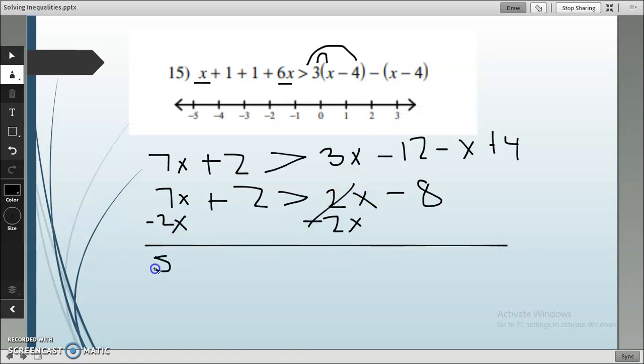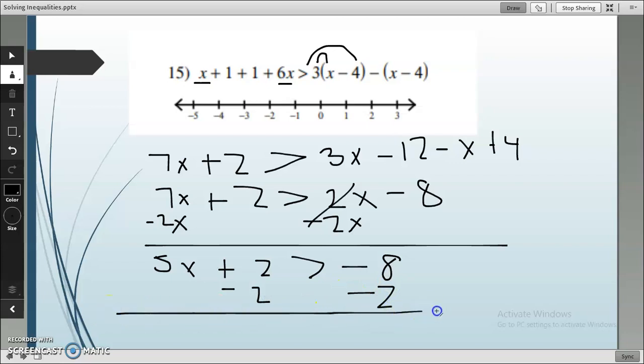I get 5x plus 2 is greater than -8. Then I want to subtract 2 from both sides. And I get 5x is greater than -10. And notice this time I didn't flip my inequality. That's because I'm not multiplying or dividing by a negative number. I'm going to divide both sides by 5.